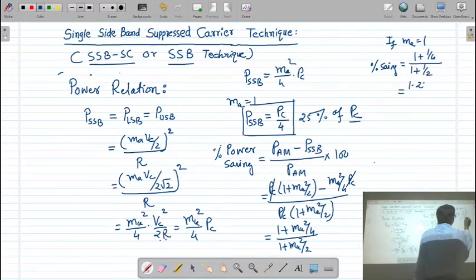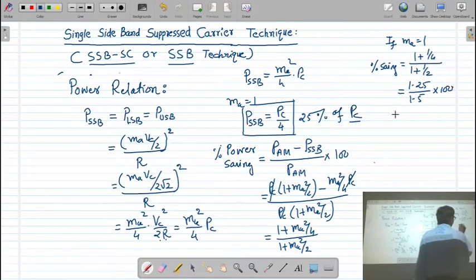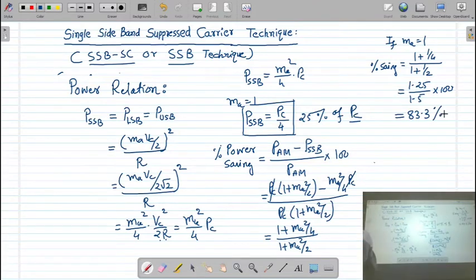So this is 1.25 divided by 1.5. And for percentage we have to multiply by 100 and this will come out to be 83.3%. So 83% is going to be saved if we use the SSB technique.